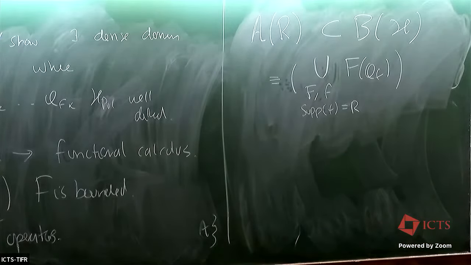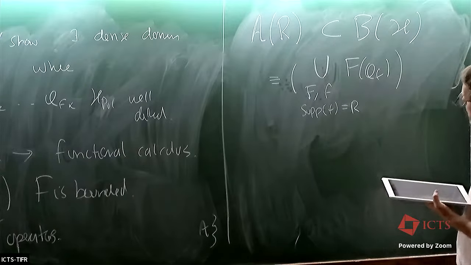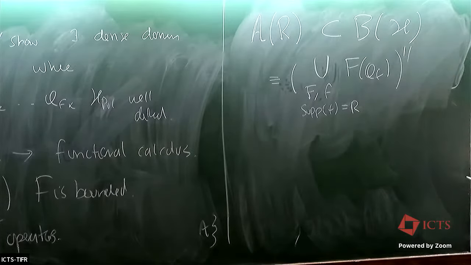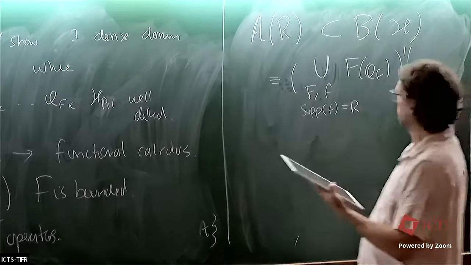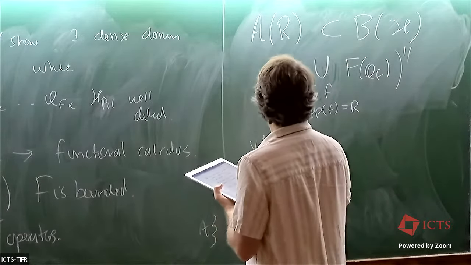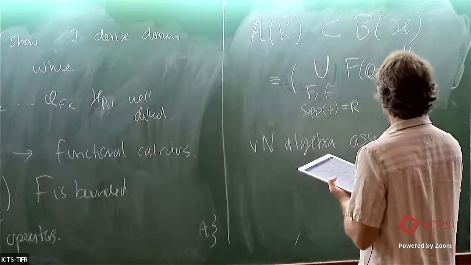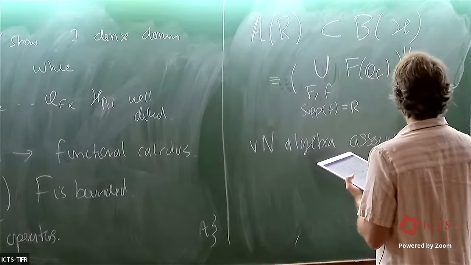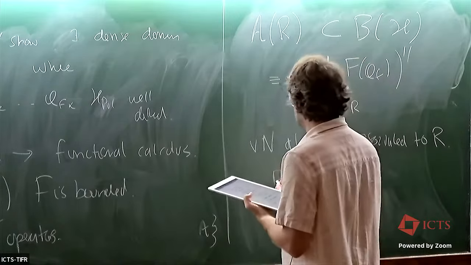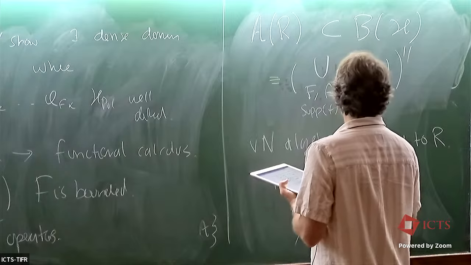In fact, it's a star set, because if I take the complex conjugate of these, I can make it into a star set. And so then I can take its double commutant and guarantee it's a von Neumann algebra. This is like the weak closure, remember? So this is the von Neumann algebra associated to R. Now, for technical reasons, we take R to be some open region in space-time.